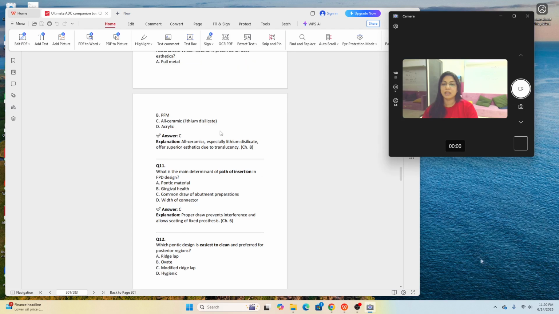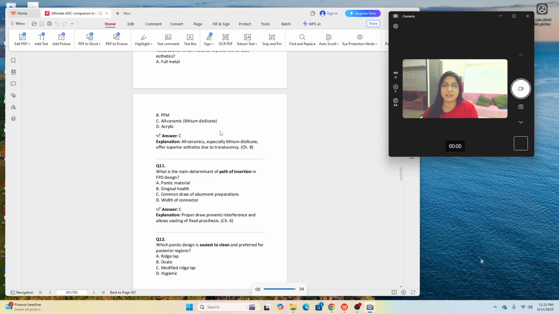Okay. Now, what is the main determinant of path of insertion in an FPD design? Path of insertion is always related to the abutment.